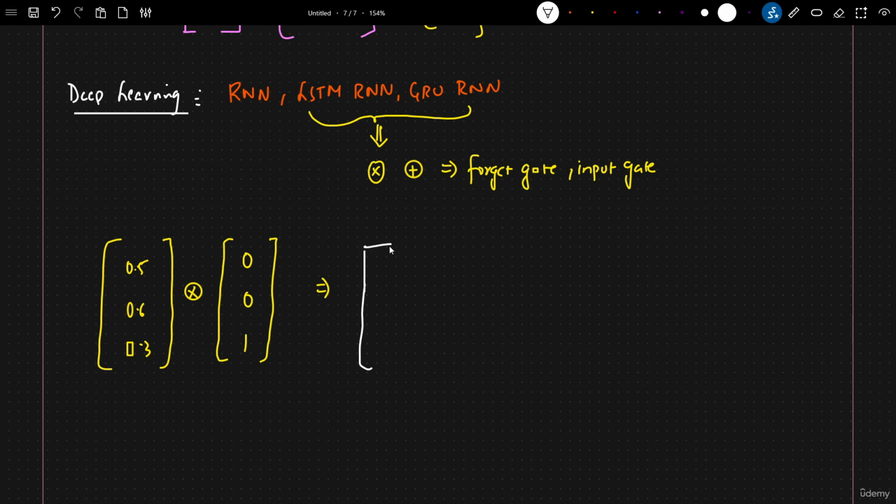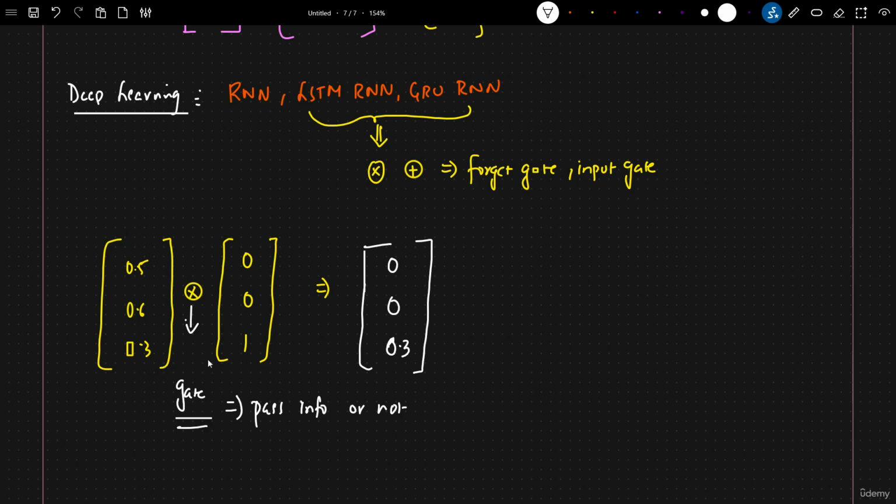So here you can see that I'm getting 0 over here, 0 over here. But over here with respect to 1, we are letting this particular information pass. So finally I'll be getting 0.3. So this element-wise operation can basically act like a gate which can help you to pass information or not, right? Here some information is not passing, because when we multiply with 0, we are going to get 0.